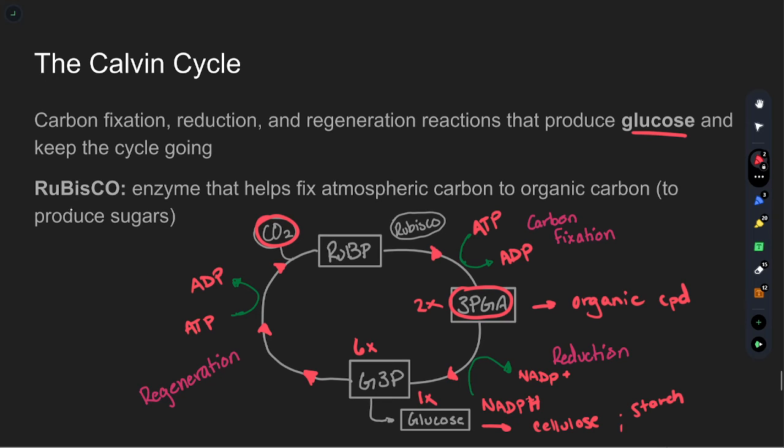Okay, just a side note about Rubisco. It has a high affinity for molecules like CO2, but it also has an affinity for molecules like oxygen as well. And so sometimes Rubisco binds oxygen instead of CO2, because it doesn't really know the difference between the two, and that is a problem.